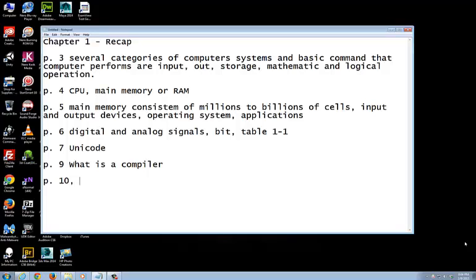On page 11, what is an algorithm? So, key definitions to focus on. What is an algorithm?